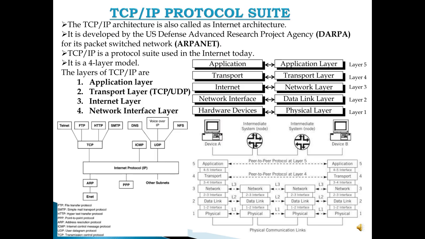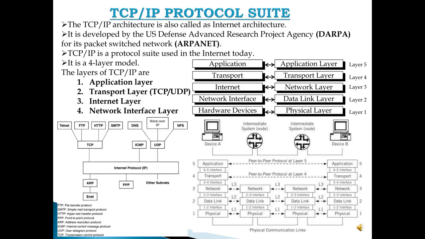Now, the way the specified TCP/IP protocol suite works, in the bottom we have created it as a five-layer, but it is actually a four-layer protocol. It's actually a four-layer model. Why five layers? Because the bottom layer is the layer in which the hardware devices are initiated.